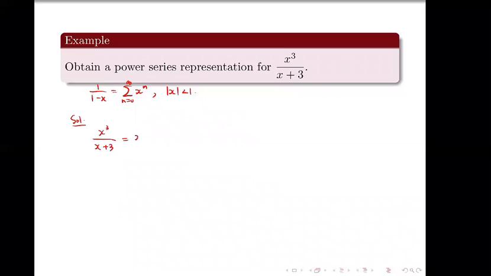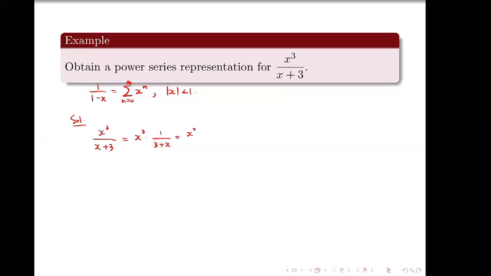X cubed, you can separate it, x cubed, and then you will have 1 over, let me write this as 3 plus x. They are the same. So that I will have a center equal to 0, what I'm going to do is to factor the 3.